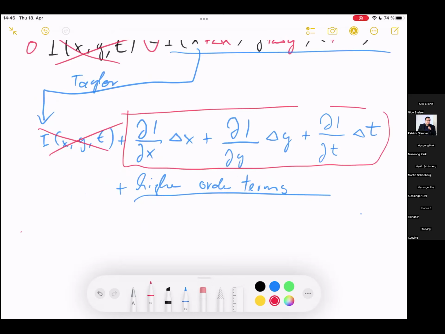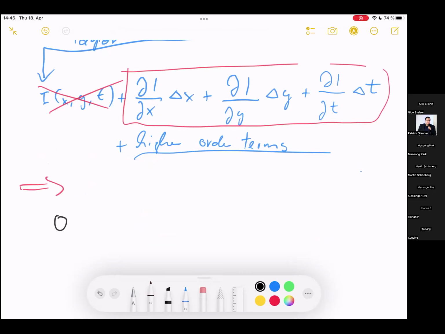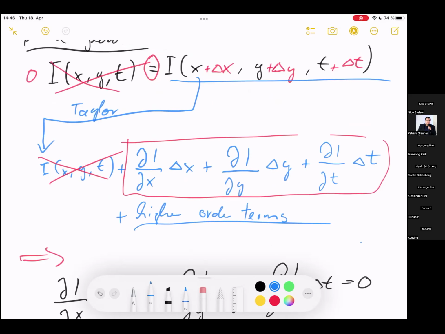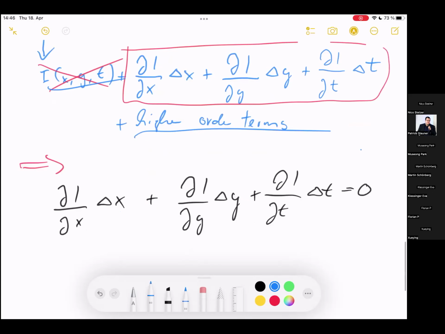I will write this out again: the change of I along x times delta x plus the change of I along y times delta y plus the change of I along t times delta t is 0. Just a consequence from before, because we said the intensity is equal to this intensity, and we did a Taylor series on the right, and then we could remove these terms.